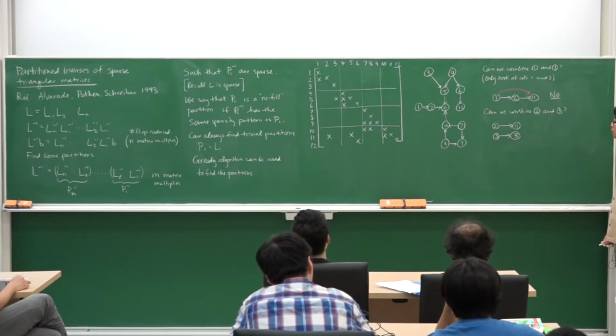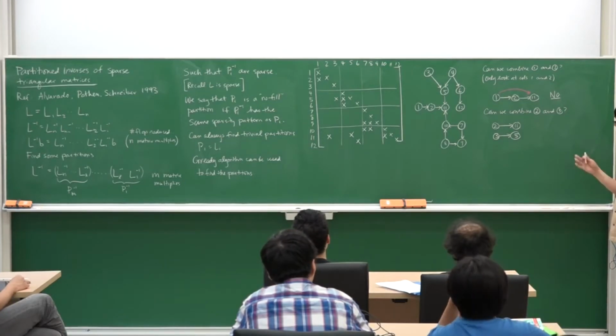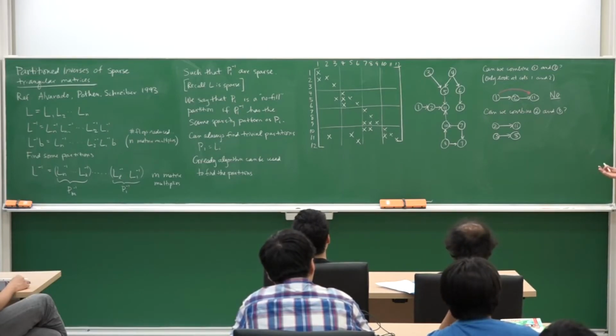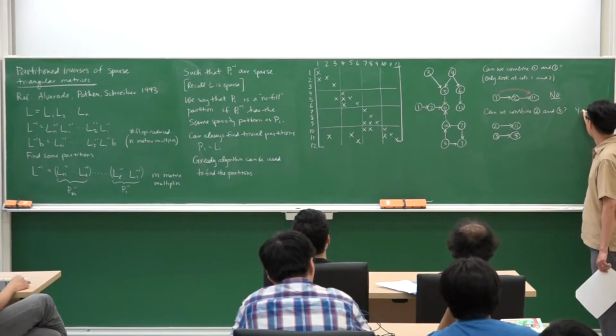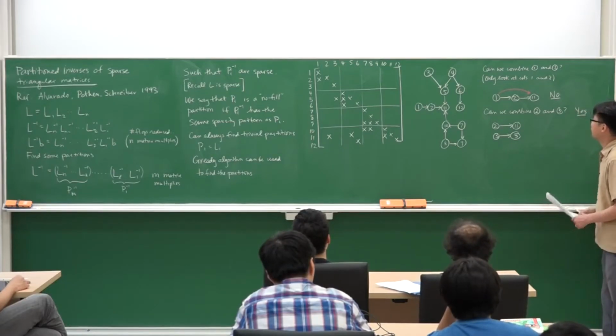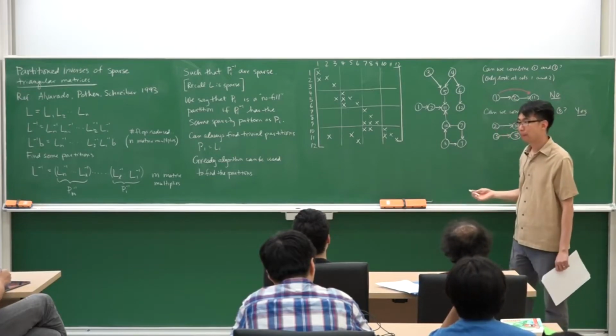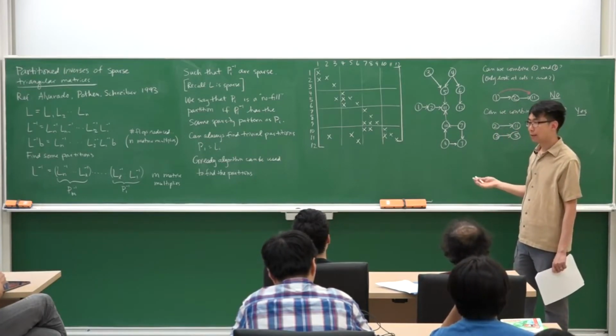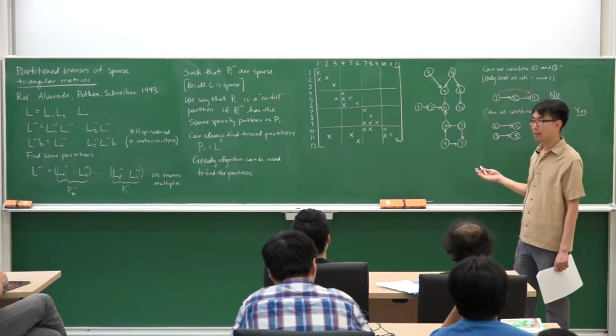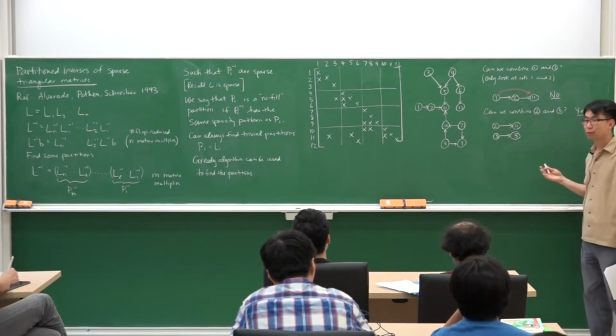Okay, so take the transitive closure. And in the transitive closure, we don't add any new edges. So the answer is yes. We can combine 2 and 3. Because if we take L2 and L3, multiply them together, and then look at its inverse, it has exactly the same sparsity pattern as L2 times L3.